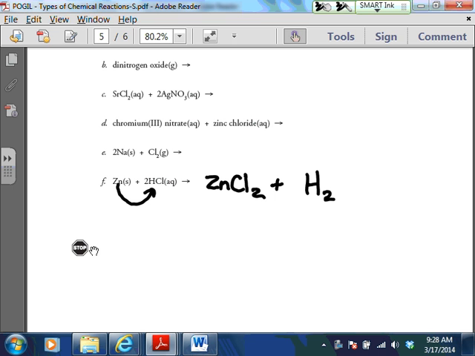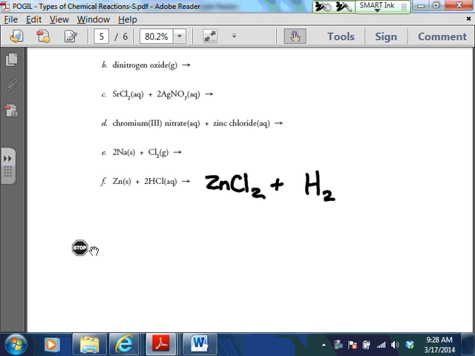Now notice, the subscripts do not match from the left side to the right side. You've got a 1 on the chlorine over here and a 2 over here, a 1 on the hydrogen over here and a 2 over here. So the subscripts don't have to match from one side to the next. You're paying attention to crisscrossing your charges and diatomics to figure out your subscripts.